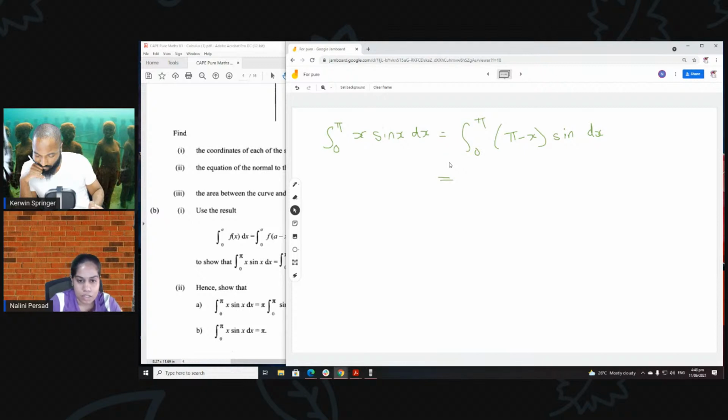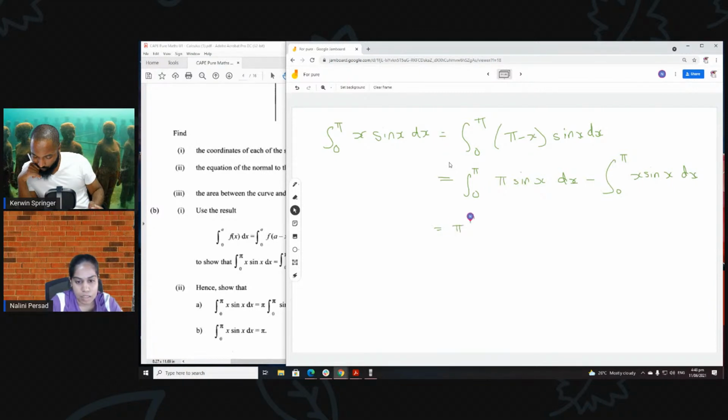Right, so you can expand the brackets. So you have the integral between 0 and pi of pi sine x with respect to x minus the integral between 0 and pi of x sine x with respect to x. So pi is a constant, we can put it outside.